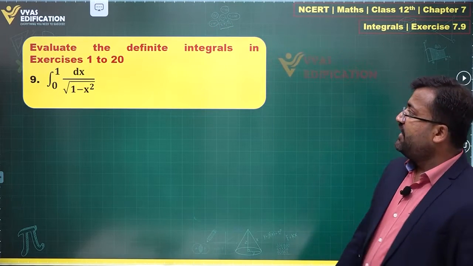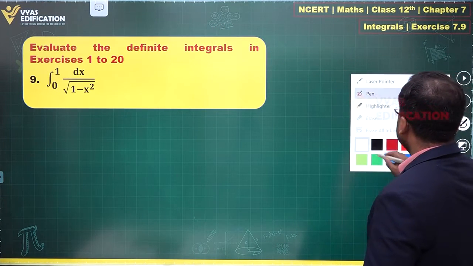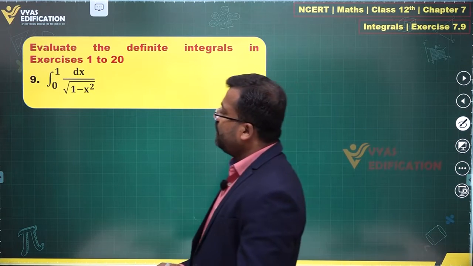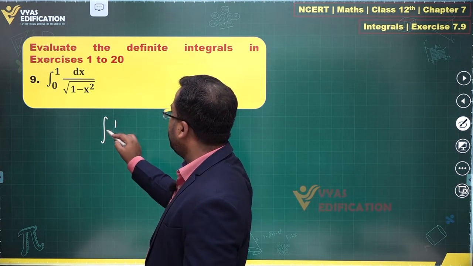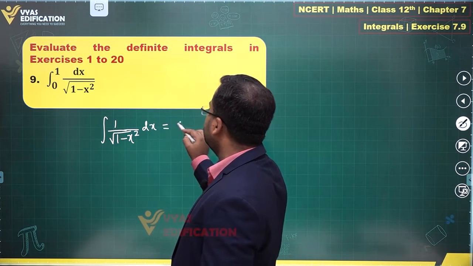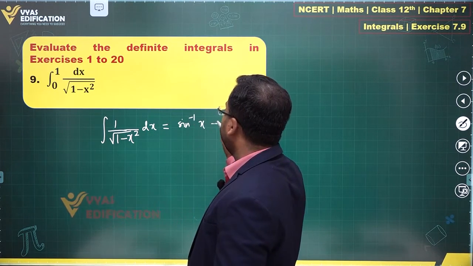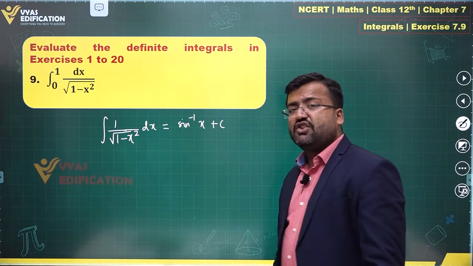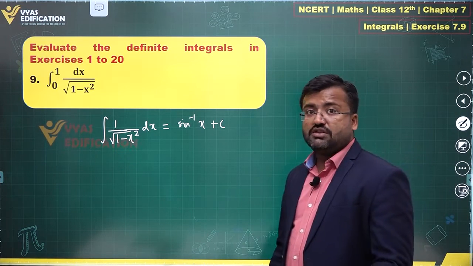In the 9th question, I have integral from 0 to 1 dx upon under root of 1 minus x square. Now, integral of 1 upon root 1 minus x square dx is equal to what? This is equal to sine inverse x plus c, or it is equal to minus cos inverse x plus constant of integration.